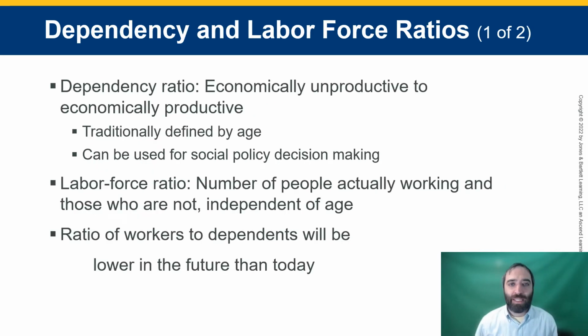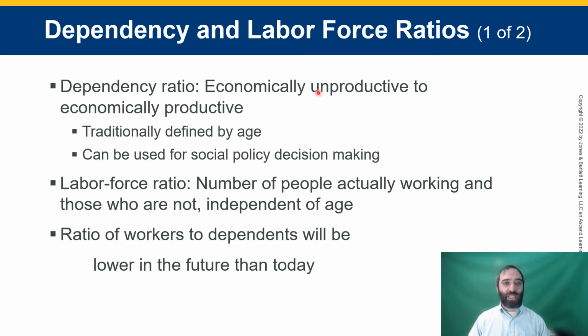How does this affect the economy? Economists have something they refer to as the dependency ratio. It looks at people by their age, and they're saying, if you're 3 years old, it's probably a pretty safe bet that you are not economically productive. You're not producing goods and services for the economy.